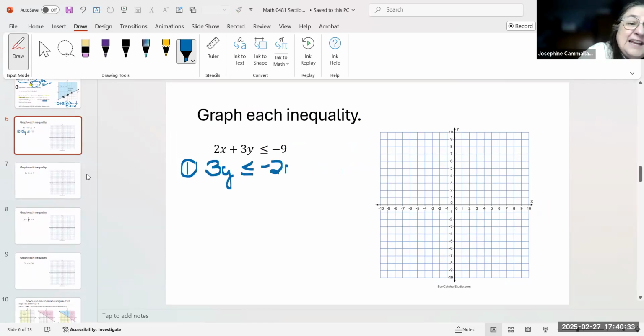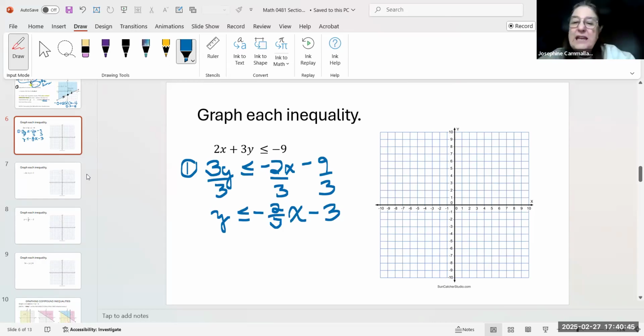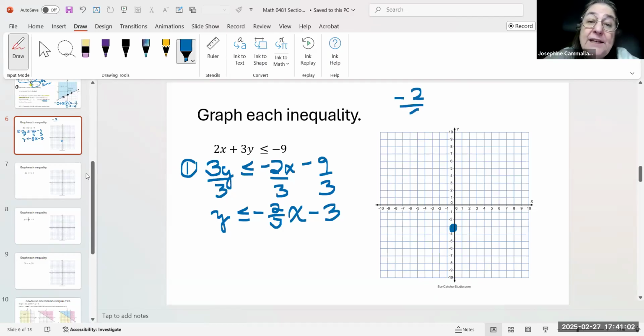Y less than or equal to -2/3 x minus 3. Now, I have a -3. So that means I'm going to put a point right here. That's my y-intercept. Now, from this point, I am going to go up or down 2, because I have this slope, -2 over 3. I'm going down 2, right 3.